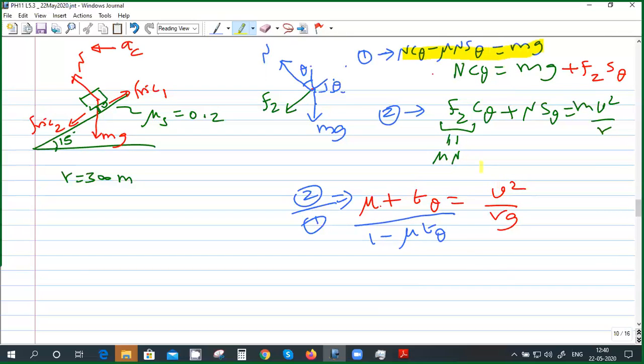You divide those two. So you get v square by rg equal to (mu plus tan theta) by (1 minus mu tan theta). Theta is known, mu is known, r is known, g is known. From this you can find the velocity. This is the maximum speed.